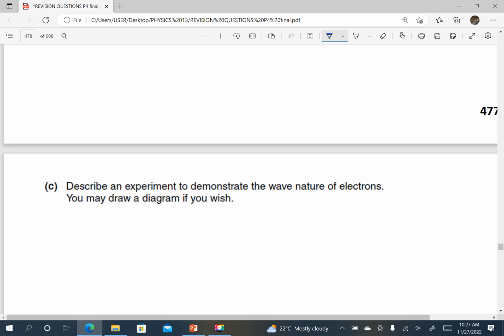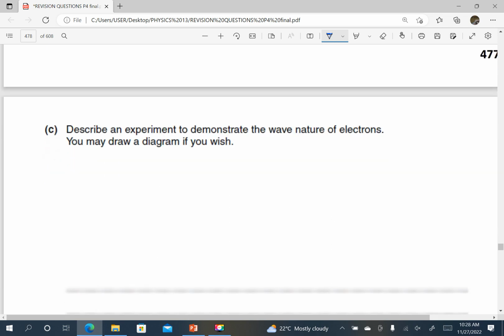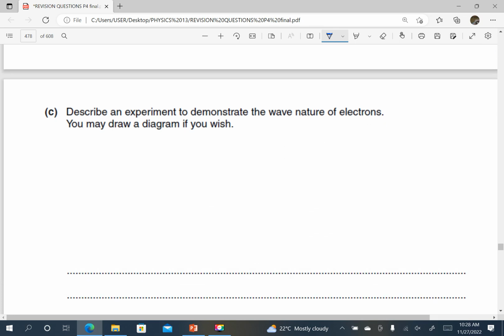Describe an experiment to demonstrate the wave nature of electrons. You may draw a diagram. The wave nature of electrons is normally demonstrated by electron diffraction. So we are going to demonstrate electron diffraction.